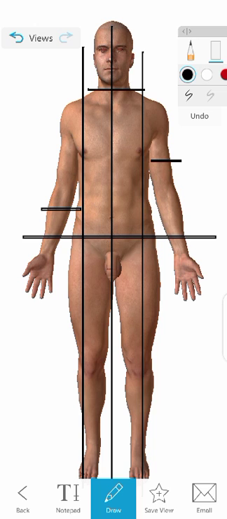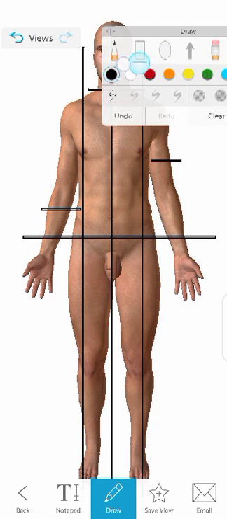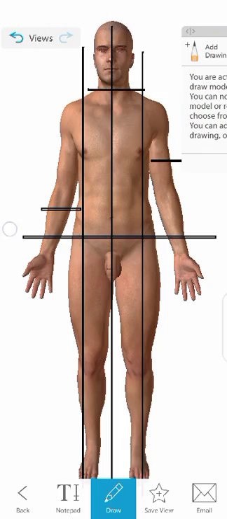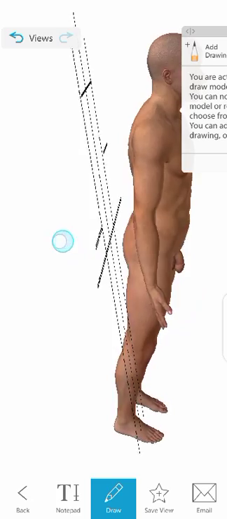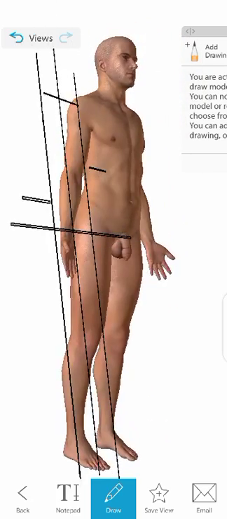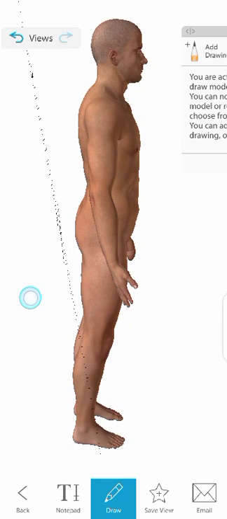And then we also have the third plane, and that plane is more like this.